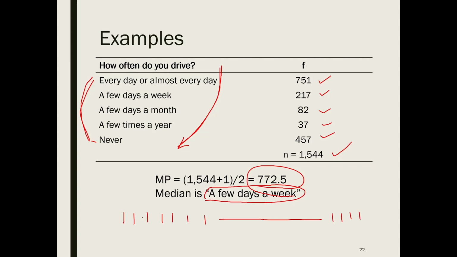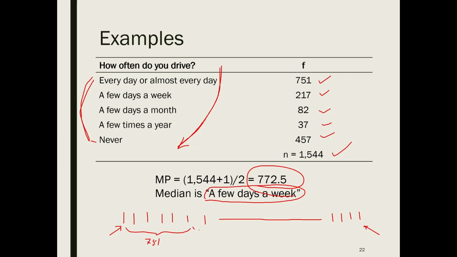And we ask them to stand here based on how often they drive. If they drive every day, almost every day, they stand in this way. If they never drive, they stand in this way. So there is order. Okay, so around here, we have 751 people standing here. I don't care what their height or weight is, but if they drive every day, they are standing here.